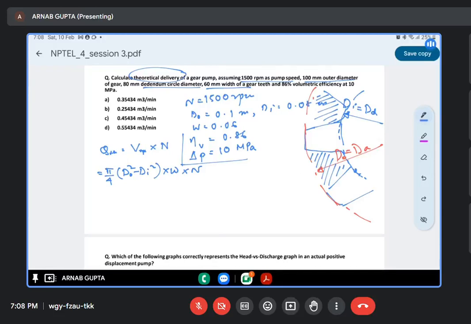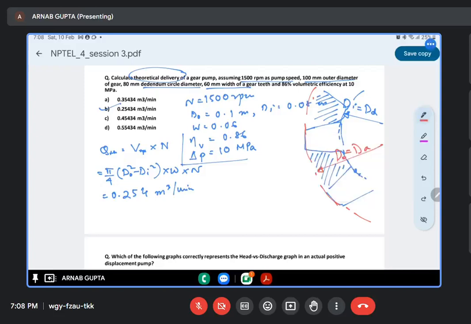So that's coming out to be 0.00017. And when we multiply it with RPM, 1500, we get 0.254 meter cube per minute. So this is your theoretical delivery.